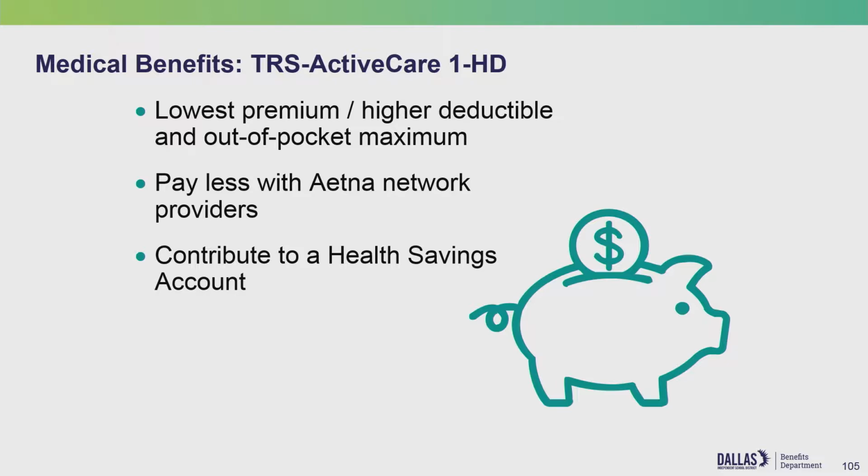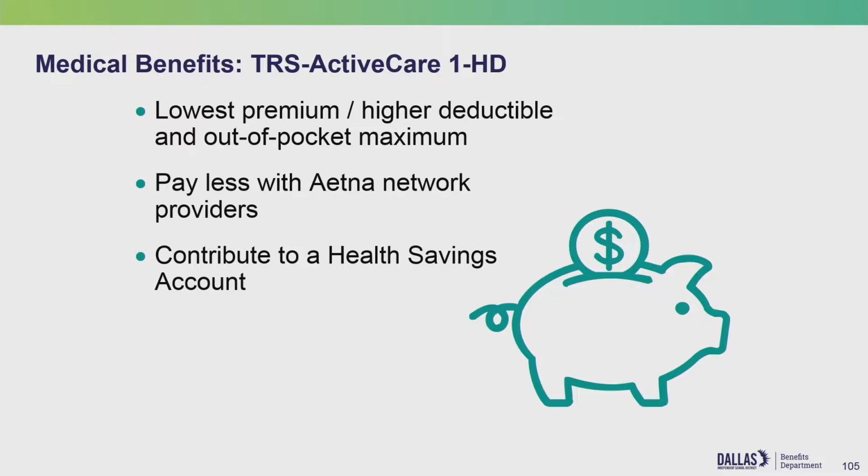So before you use this plan, you have to be sure and understand that you are going to incur most of the expenses for your services, but you'll do so at a lower monthly rate out of your paycheck. While this plan is the least expensive plan from a premium perspective, you should carefully evaluate your expenses and anticipated healthcare needs to be sure you can afford the higher deductibles if you have to utilize the benefit.